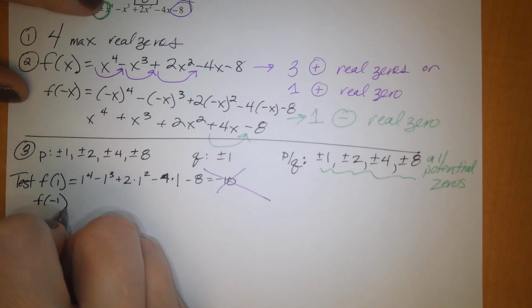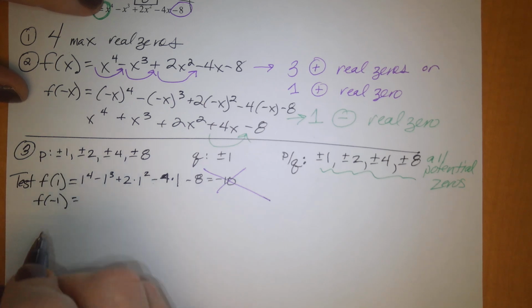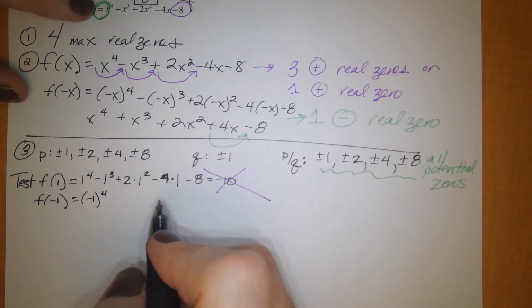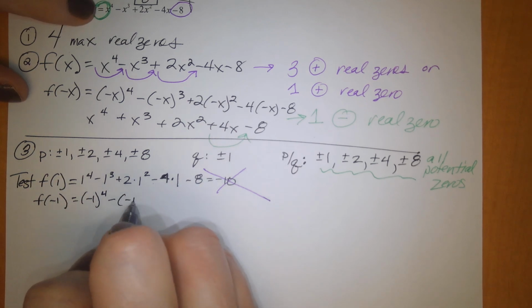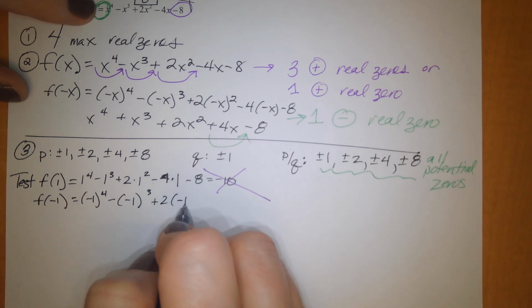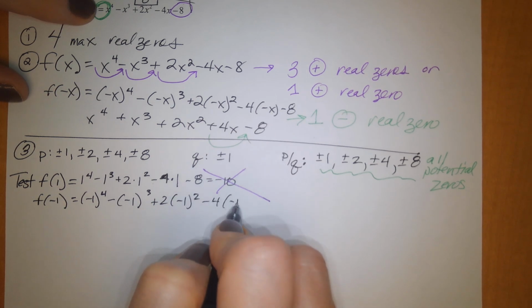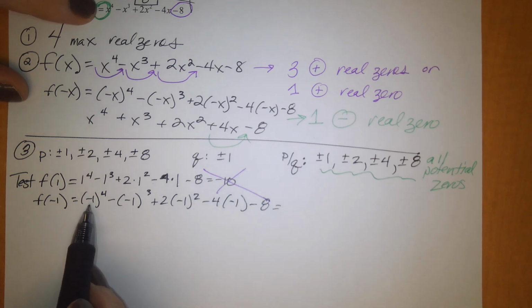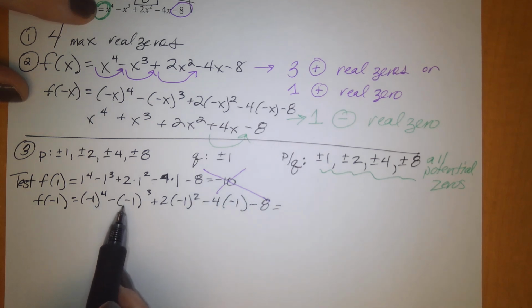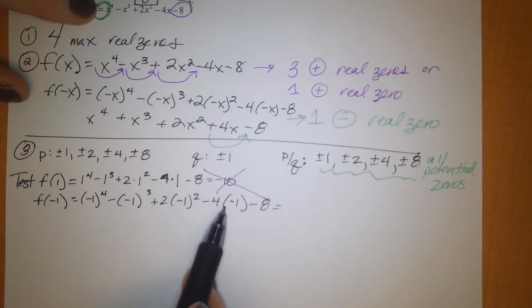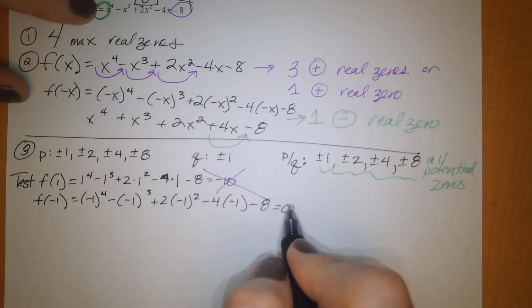Let's try f of negative 1. If I try f of negative 1, I plug in negative 1 into the function, and I have negative 1 to the 4th minus negative 1 to the 3rd plus 2 times negative 1 squared minus 4 times negative 1 minus 8. So this is positive 1 plus 1 is 2, plus 2 is 4, plus 4 is 8, minus 8 is 0.